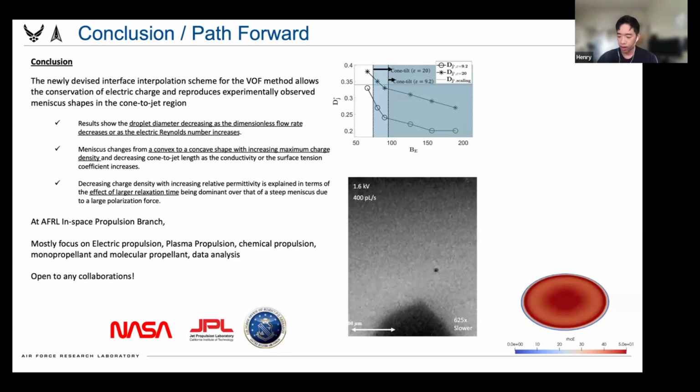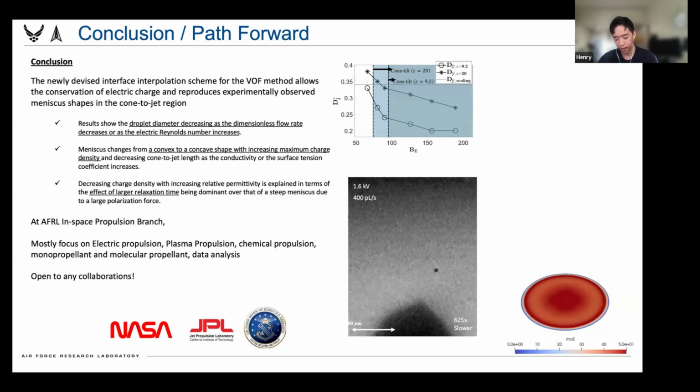Also, I'm working on Bayesian Markov chain Monte Carlo fitting for krypton. This is the gas that SpaceX Starlink is using at the moment. Because xenon gas is very expensive, although the performance is lower, we're trying to use krypton and do that kind of data fitting.